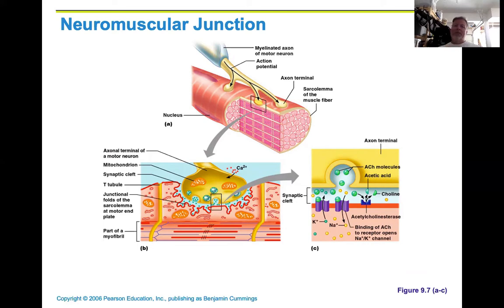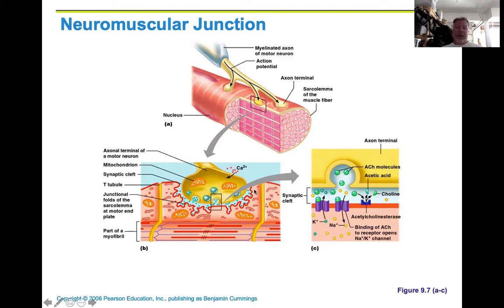Now, the neuromuscular junction is formed when axon endings, which have small membranous sacs or vesicles inside here, the green ones, contain a chemical called a neurotransmitter. This neurotransmitter in skeletal muscle is called acetylcholine. We use ACh as an abbreviation. Each of those vesicles contains molecules of ACh, and there's my molecules of ACh.